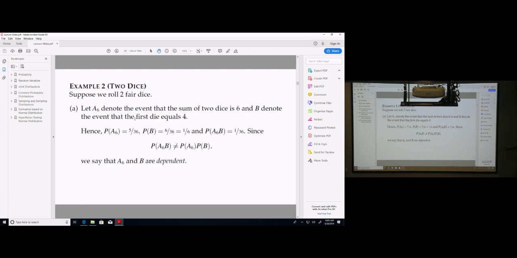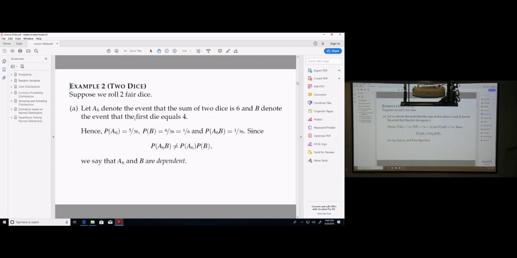You just can't have a sum less than or equal to the number you see on the first die. So the probability of the sum will be 0 if you know that the first die is 4 and your sum is small.